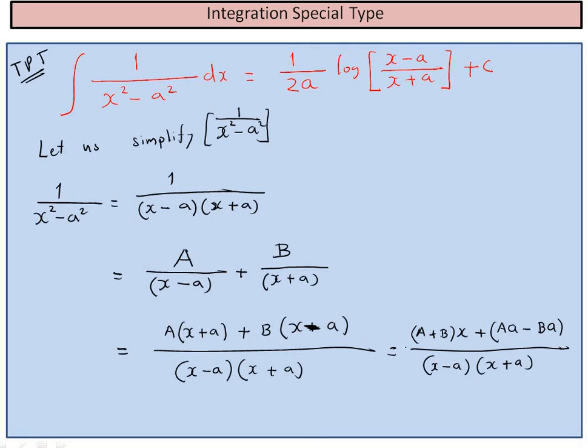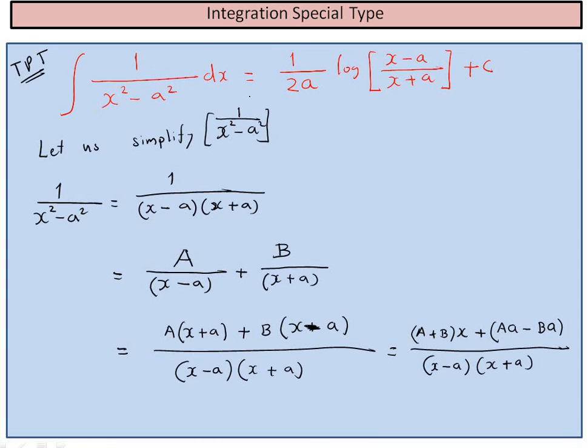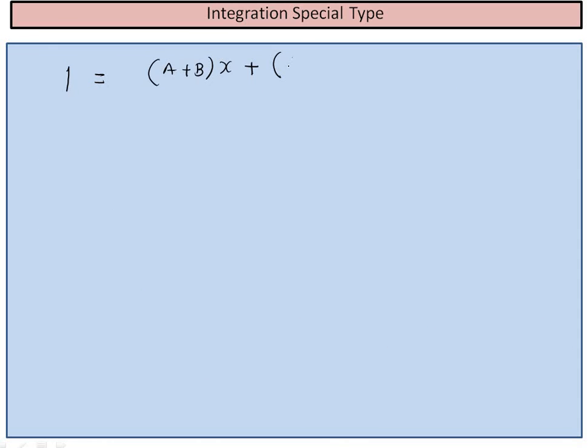This numerator, A plus B x plus capital A small a minus capital B small a, I will equate to 1 because I have started from 1. So 1 is equal to A plus B times x plus capital A small a minus capital B small a.